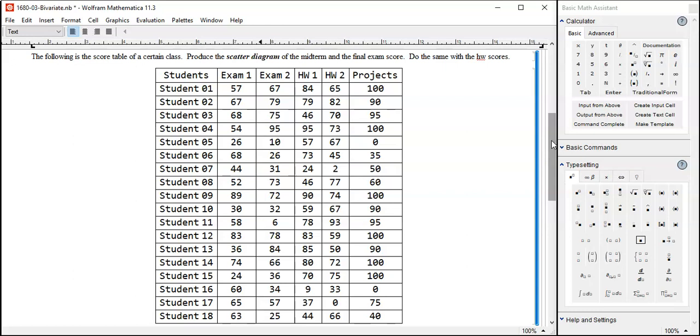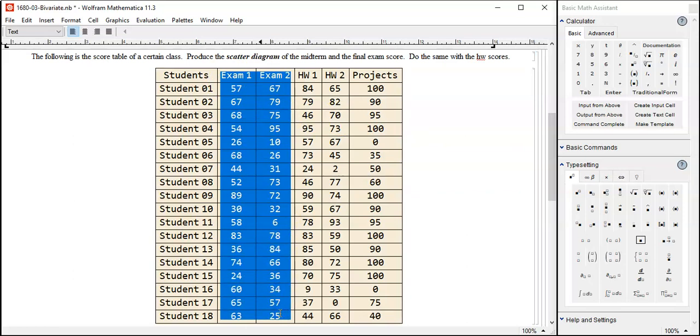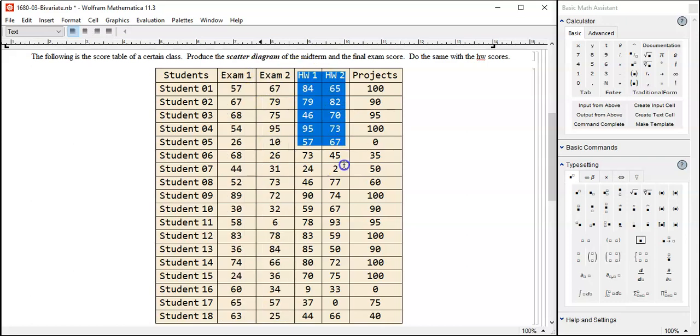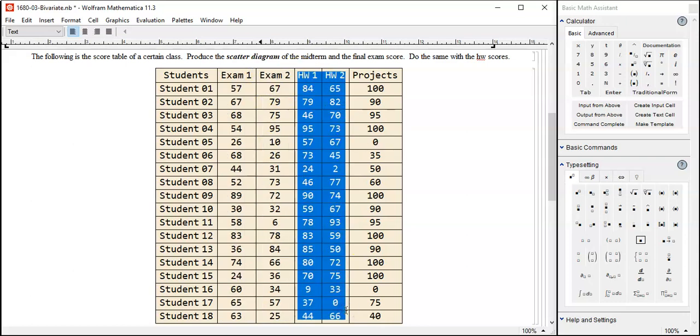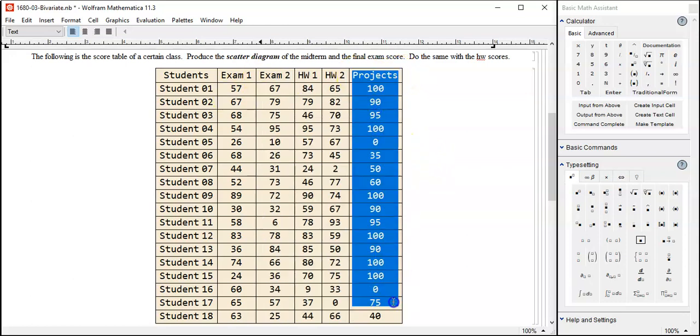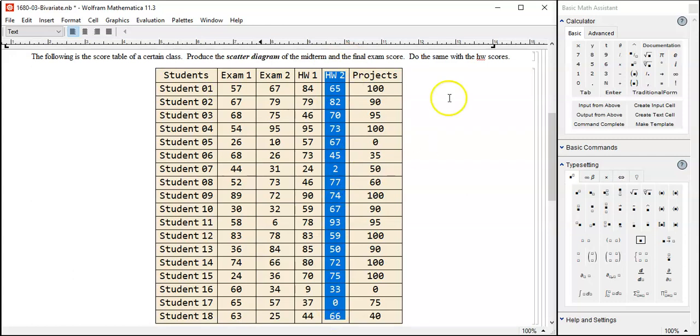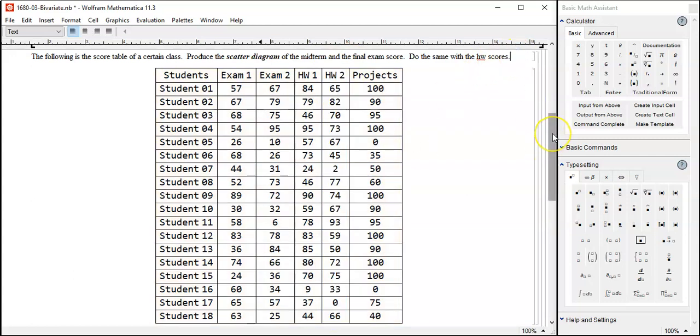One way to do that is to get any 2 columns, like these two, exam 1 and exam 2, and compare those two. Or homework 1 and homework 2 and compare those two. Or say exam 2 and projects. Or exam 1 and homework 2. Well, we can do various, but then again, what's the point?